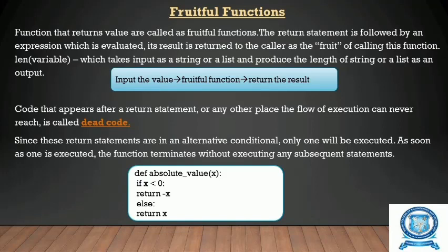Considering this example, in this absolute value function we have two statements: if x is less than 0, return minus x, else return x. So, this minus x will be returned, and the next one will not be returned. That is the dead code.